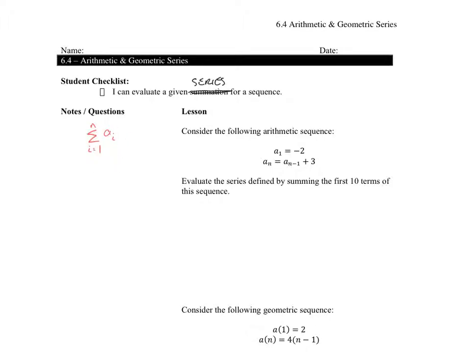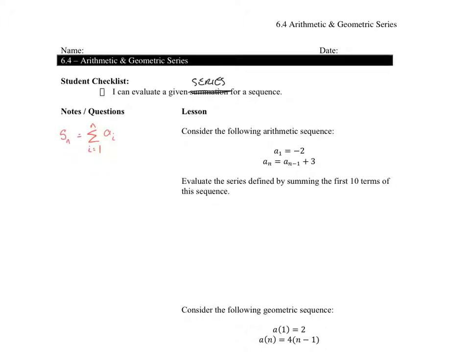In a series, you'll start with 1. So what I've just drawn here is a series n of a sub i. So instead of saying, please sum all the numbers from 1 to 10 of this function, I can just write S sub 10 of that function. And it means the same thing.